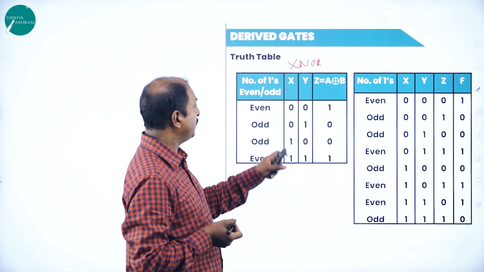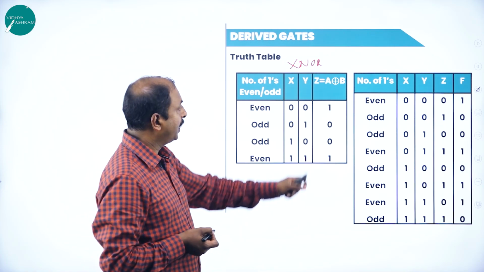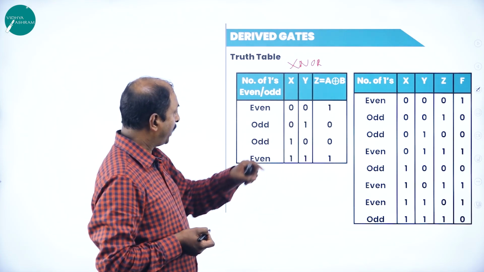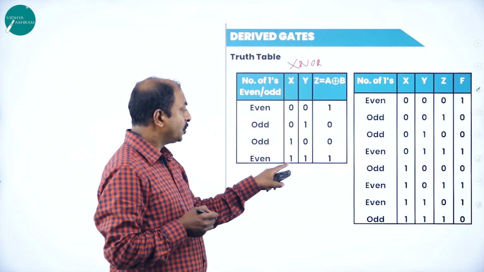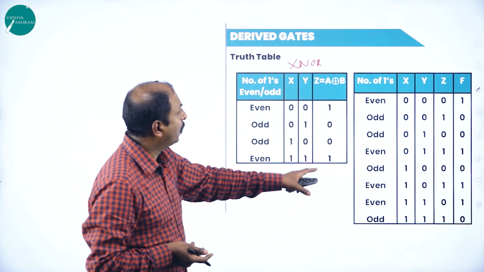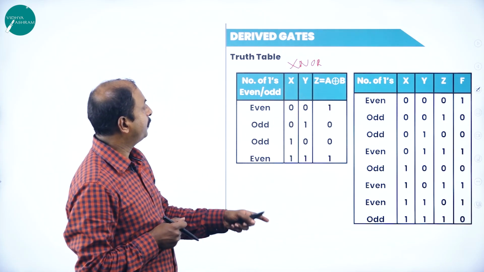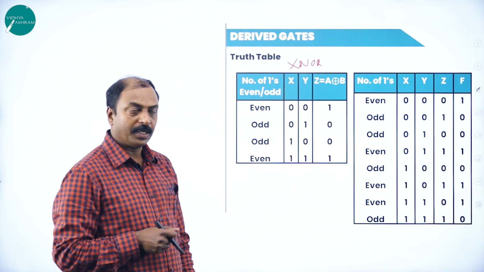In this example, there is an even number of 0s. There are 2 zeros, as 2 is an even number, output will be high or 1. Similarly, in the last combination, there are 2 1s, as 2 is an even number, output would be 1. So this is the truth table for the 2 input exclusive NOR gate.